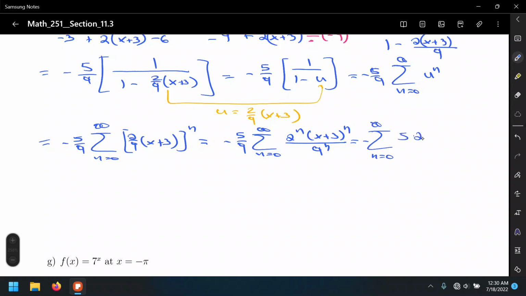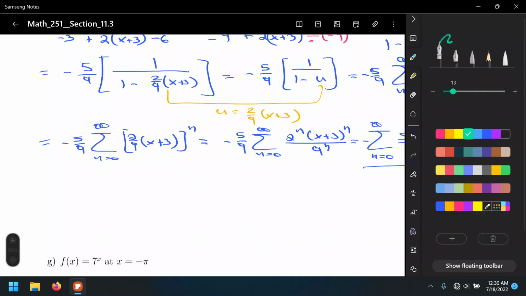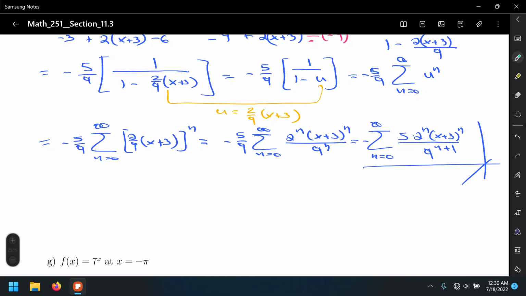Five times 2 to the n, x plus 3 to the n, over 9 to the n plus 1, and that's because 9 to the n times 9, the one outside, will be this. And then for the interval of convergence, notice the u in this case.